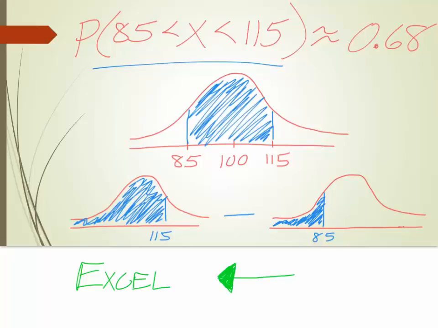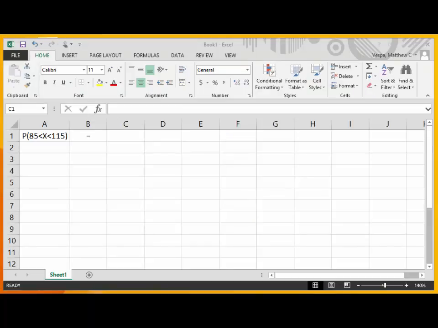So let's go ahead and jump into Microsoft Excel and look at, in particular, the probability that the random variable would be less than 115 and the probability that the random variable would be less than 85. So we're trying to determine the probability that a randomly selected adult would have an IQ between 85 and 115 according to the Wechsler Adult Intelligence Scale.